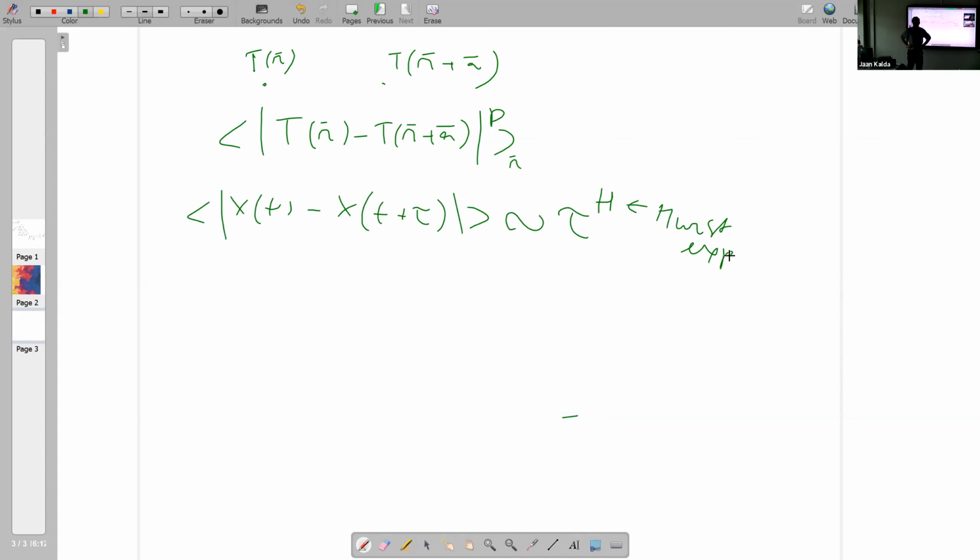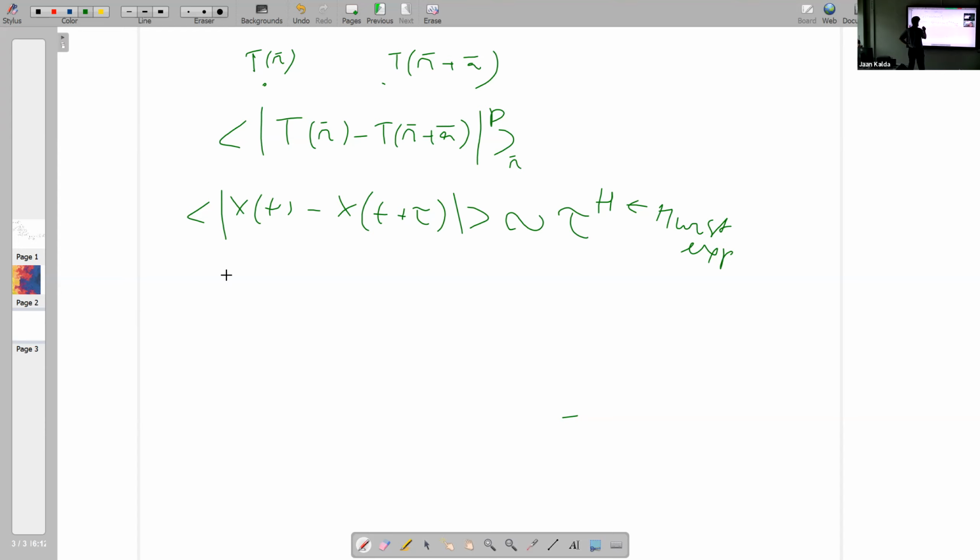And now comes a very important concept, which is intermittency. If our function x of t, or T of r in the case of temperature and coordinate, is a so-called Gaussian function, it means that temperature differences are distributed in a Gaussian manner.